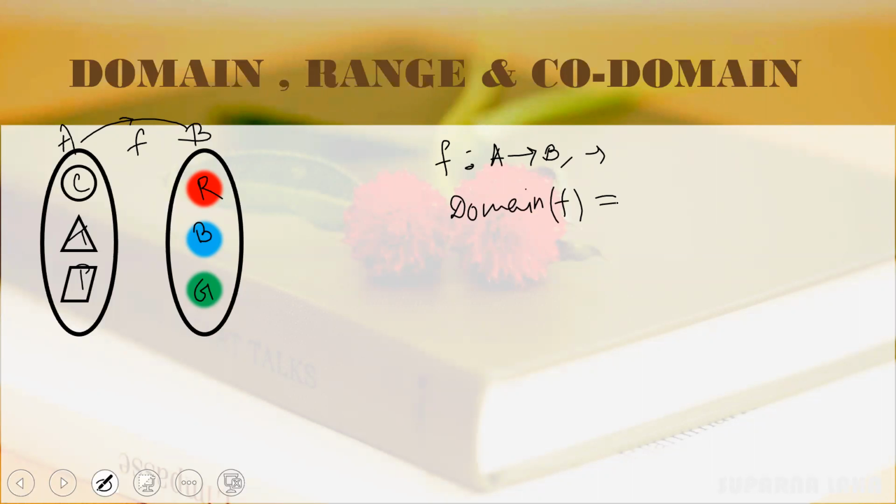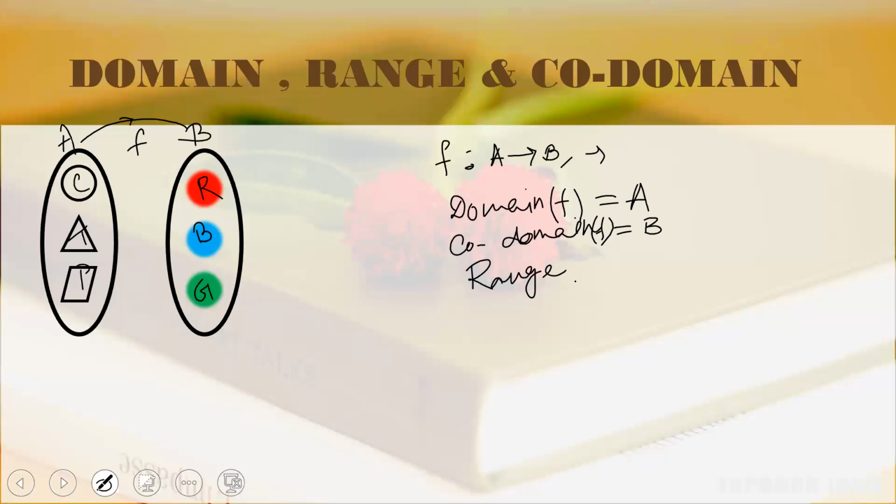What is the domain? We know that the set A is called the domain of the function, and the codomain is the set B. Codomain of f is the set B. And what is the range set?